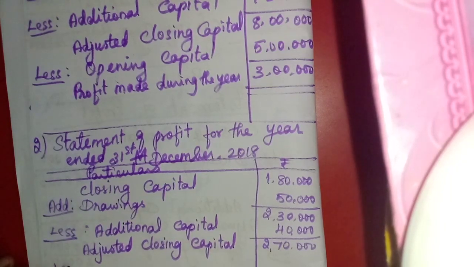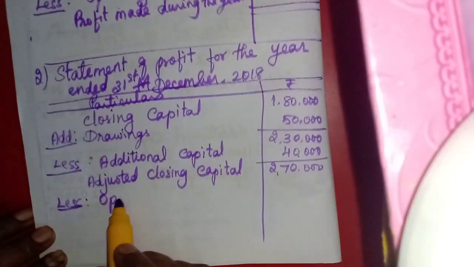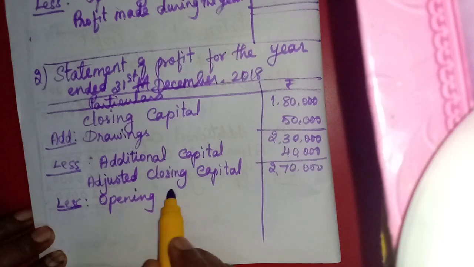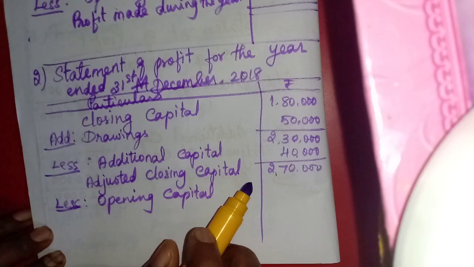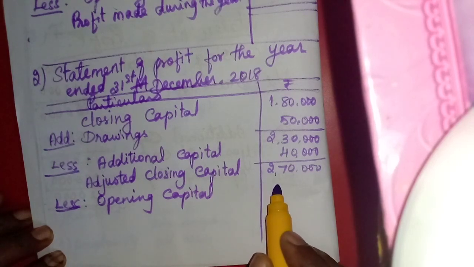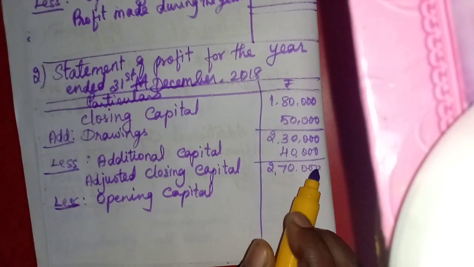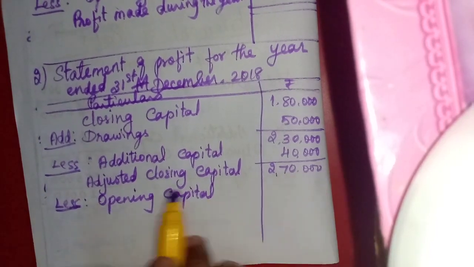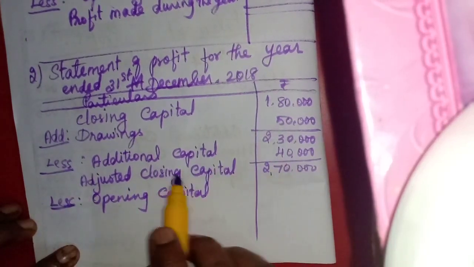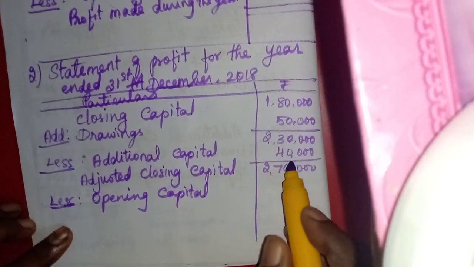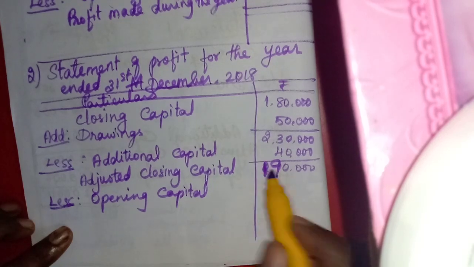Okay, less opening capital. Opening capital 2,20,000. Less, we have done wrongly, isn't it? We have added here, we have to deduct. Okay, 13 minus 4, 9, then 1,90,000.